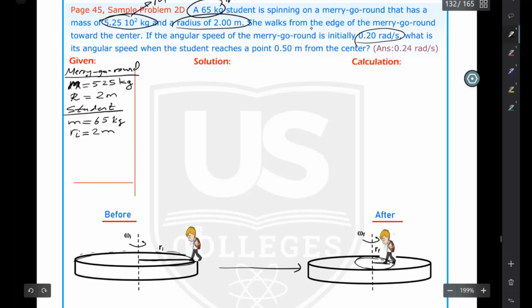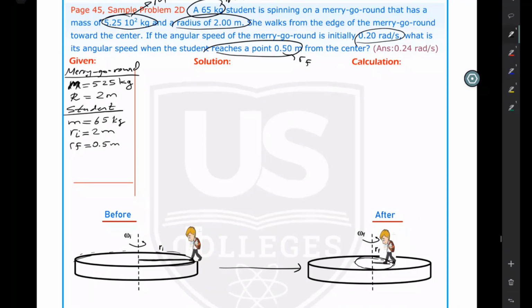But then he walks from the edge towards the center. Finally he reaches a point of 0.5 meter. This is his final radius, r final, 0.5 meters. And this is the given for the student.